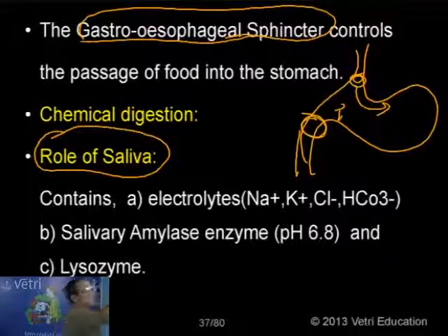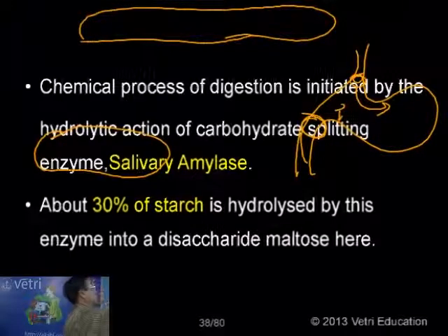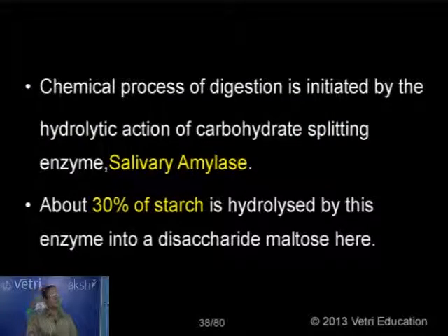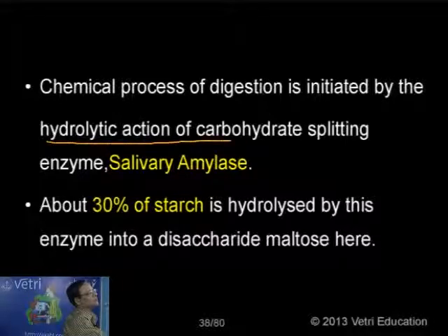Now, what is the chemical process of digestion brought about by the saliva? The chemical digestion is initiated only in the buccal cavity, where salivary amylase, a carbohydrate splitting enzyme, acts on starch. It causes the hydrolysis of carbohydrate, particularly starch.